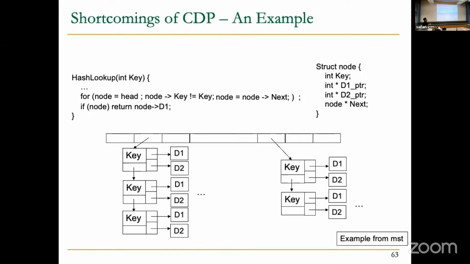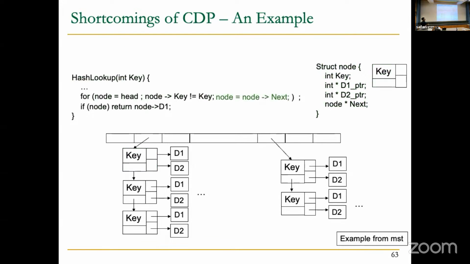But if you look into this function, it traverses the linked list, but it never touches D2. It barely touches D1 also, based on certain conditions. So you can argue that if I simply run the content-directed prefetcher, it would not only prefetch the next pointer, it would also prefetch D1 and D2. But do you need it? Probably the answer is no.